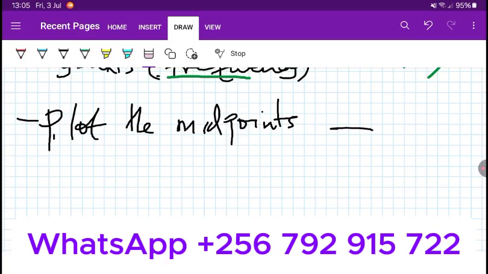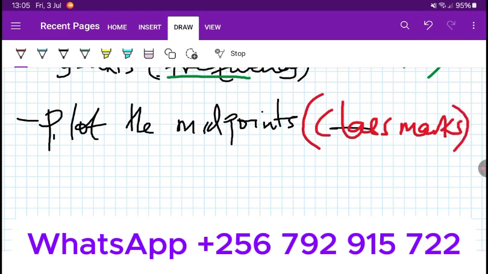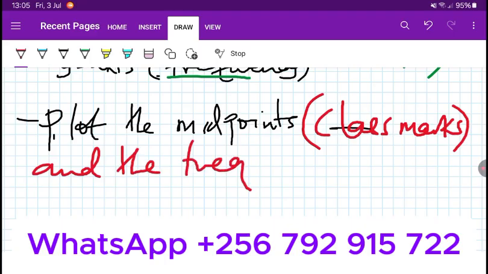Sometimes these midpoints are called class marks. So we plot the midpoints and the frequencies.